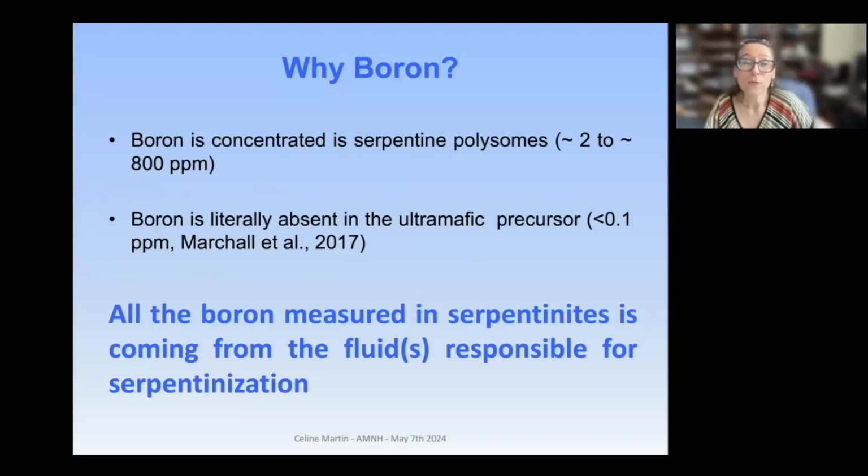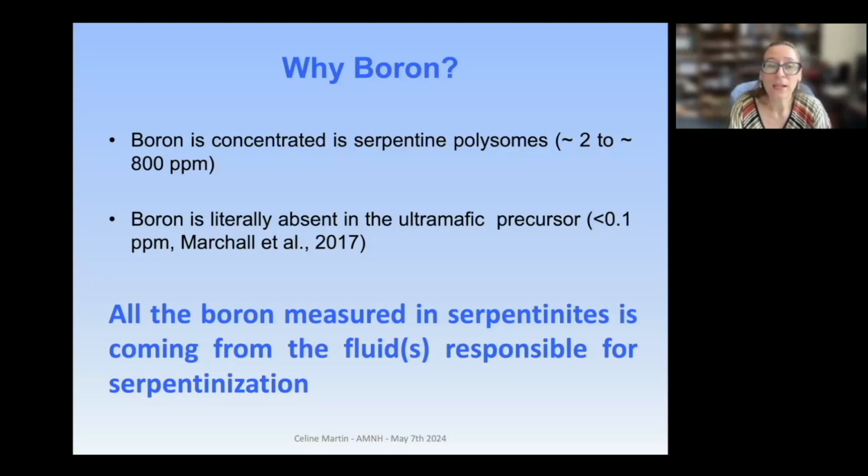So why do we use boron? Because boron is concentrated in the serpentinites between 2 and 800 ppm, which makes it relatively easy to measure. Most importantly, it's literally absent from the ultramafic precursor, less than 0.1 ppm. This means that all the boron we measure in our serpentinites is coming from the fluid or fluids responsible for serpentinization.